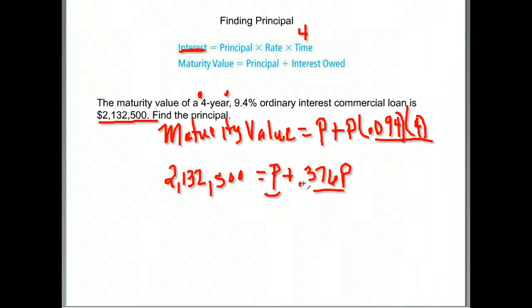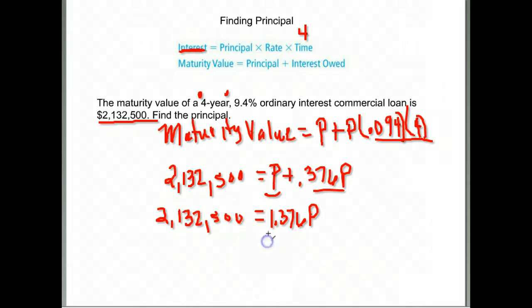We just add those together, giving us 1.376P. That's our maturity value. Well, one more step to solve for our principal, which is what we wanted. It's times 1.376. So we do the opposite and we divide by 1.376.